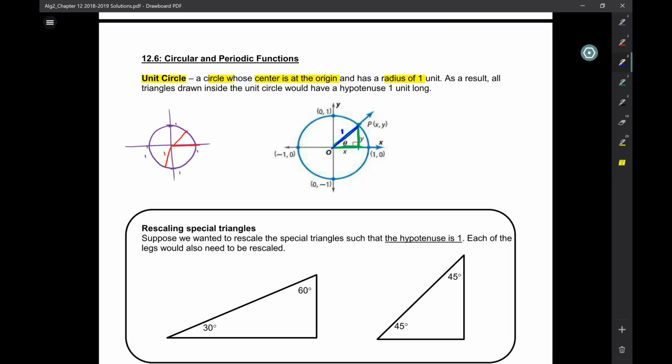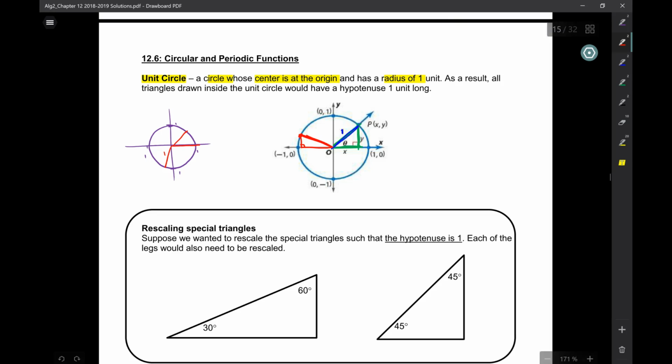Now, suppose I drew another random right triangle there. Okay, another right triangle, so that one vertex of the triangle touches the circle. Here's my hypotenuse, right?